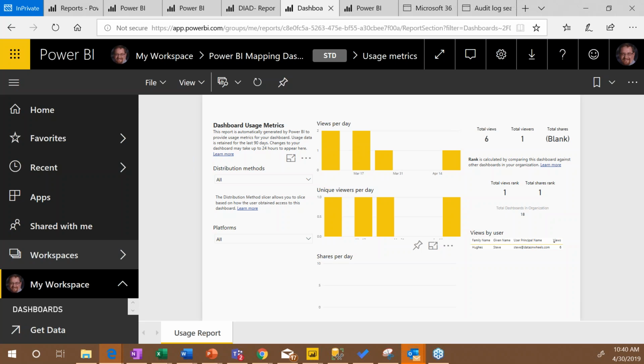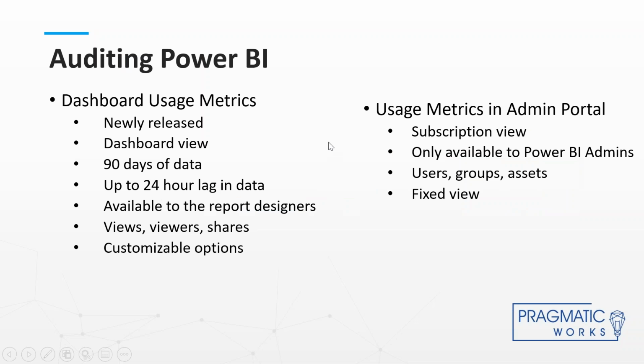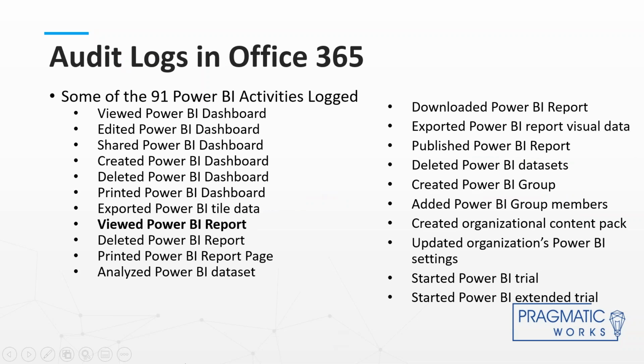That feature comes out when we look at the next thing, which is the audit logs in Office 365. There are currently 91 Power BI activities individually logged in Office 365, and that count will continue to grow as more features are added. Some of the things to be aware of: I viewed a report. I viewed a dashboard. I've shared it.